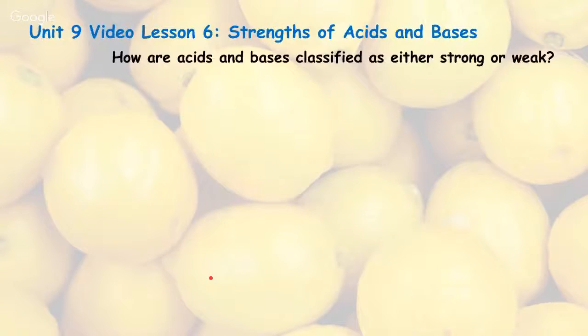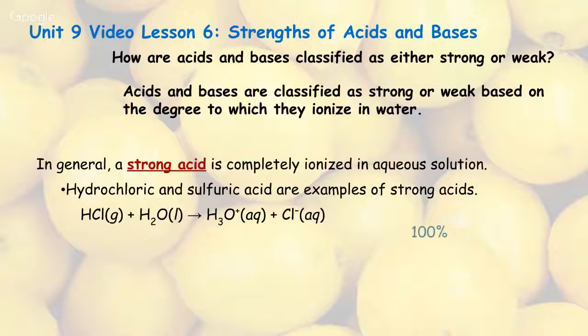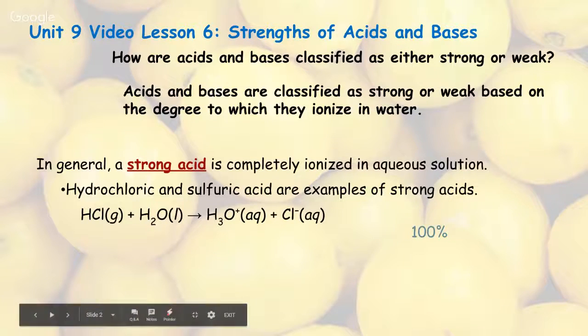So we can classify acids and bases by how strong or weak they are, and that depends on the degree to which they ionize, dissociate in water. So if we take a look at hydrochloric acid, for example, hydrochloric acid will completely ionize in an aqueous solution.